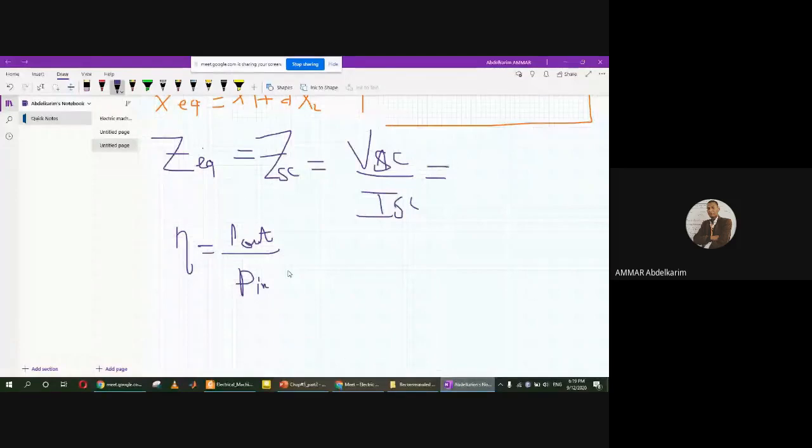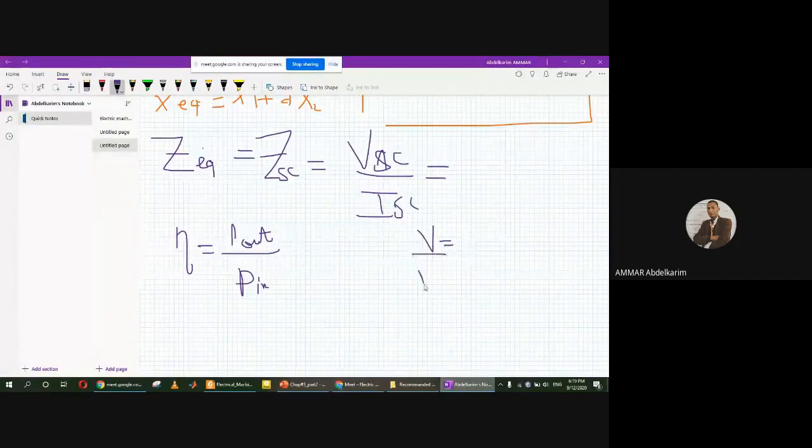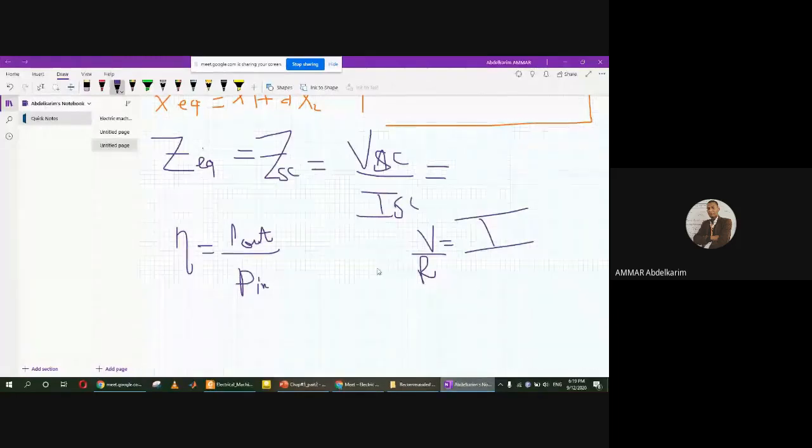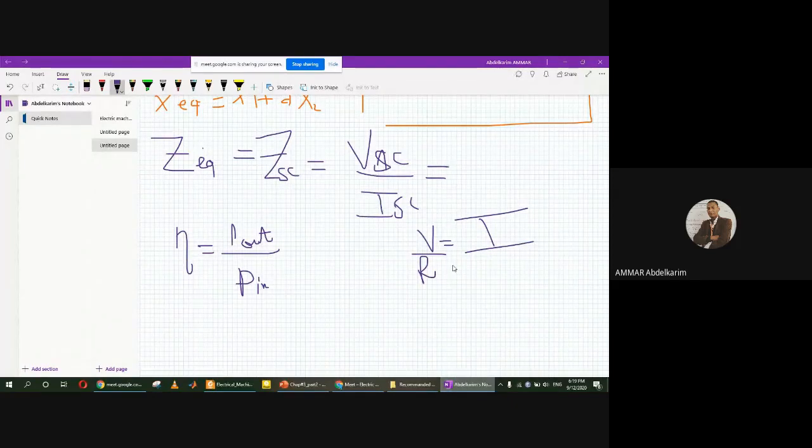Because the current always depends on the load, according to Ohm's law, of course, V over R equals I. This transformer is a voltage source, which means that the voltage is constant, but the current depends on the load.